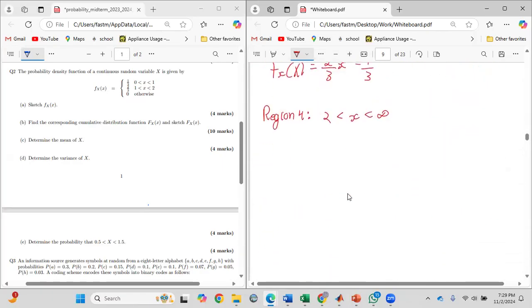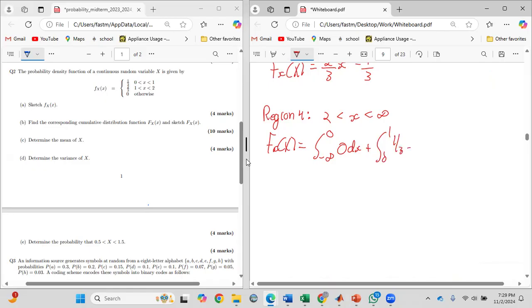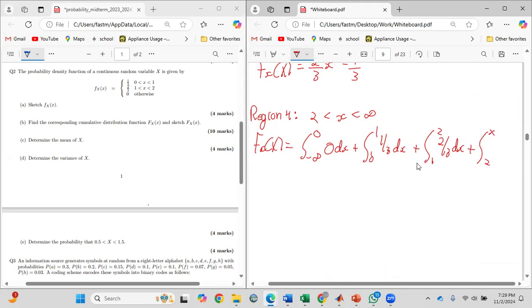So there will be the integral from minus infinity to 0 of 0 dx plus the integral from 0 to 1 of 1/3 dx plus the integral from 1 to 2 of 2/3 dx plus the integral from 2 to wherever x is, and the area there is 0, but then this has 0 otherwise.